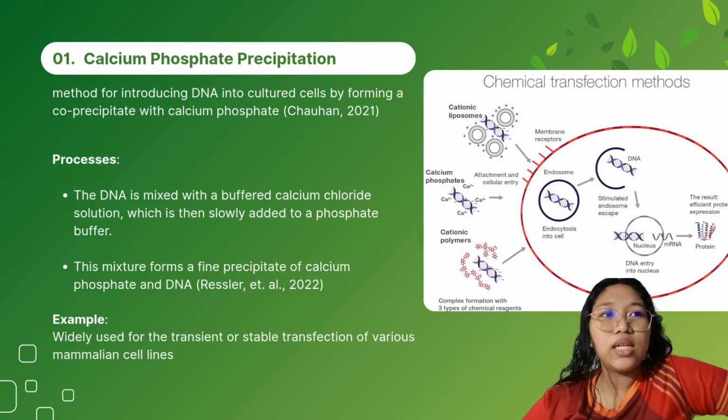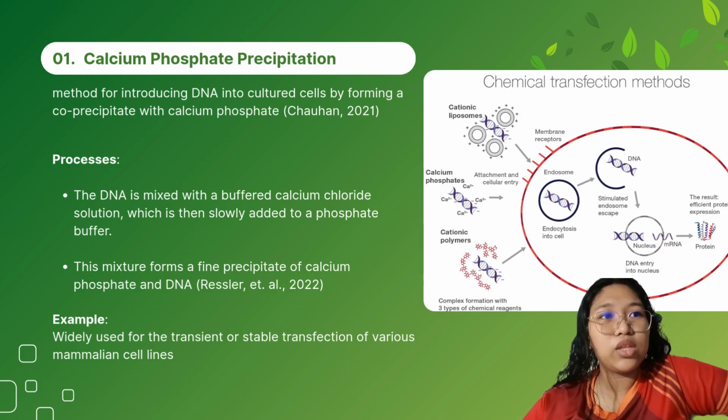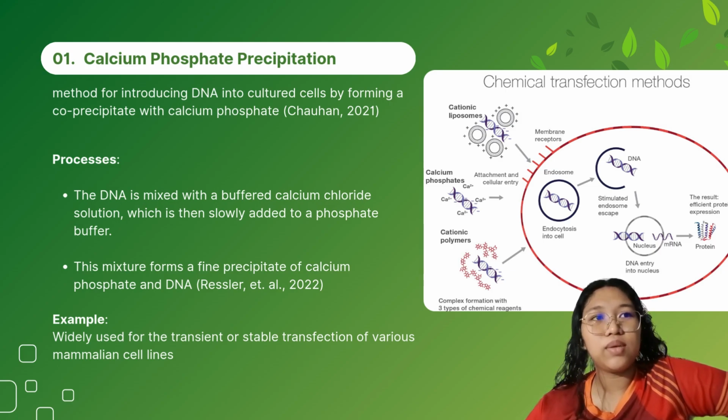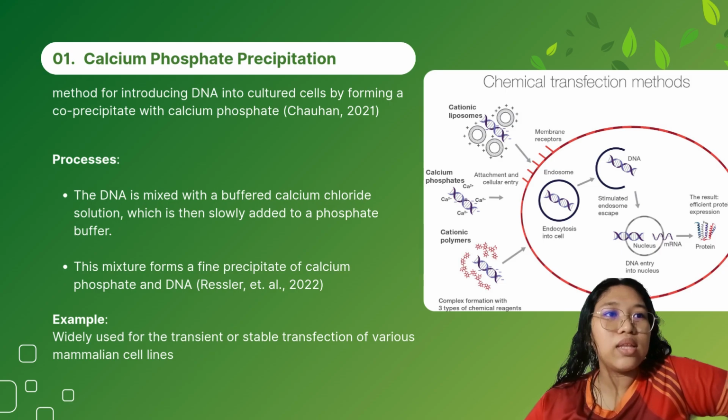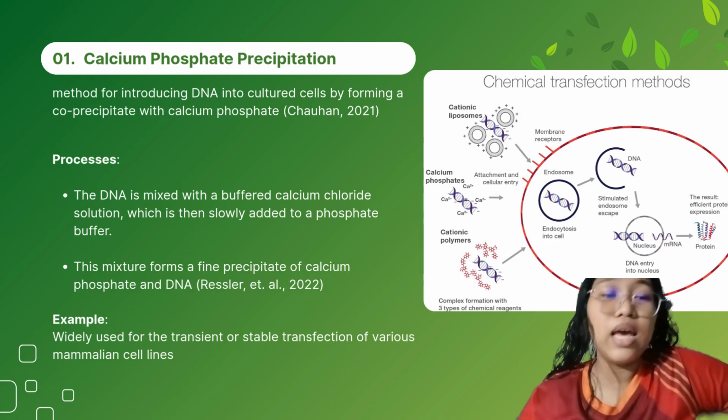Now these cells in culture take up this precipitate through endocytosis, meaning engulfing or phagocytosis, allowing the DNA to enter the cytoplasm.